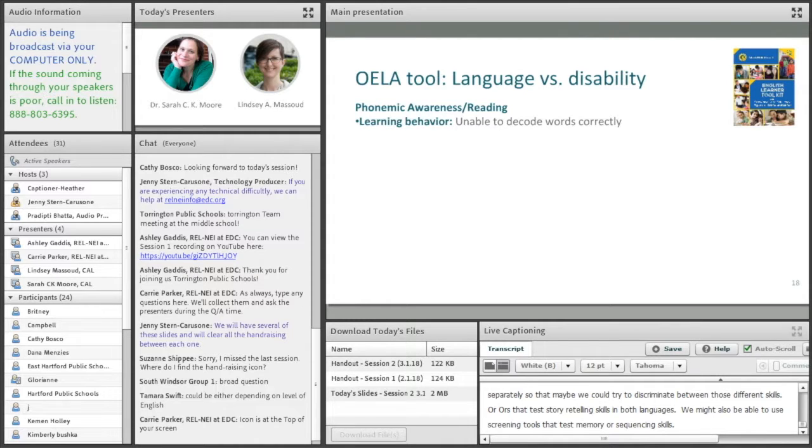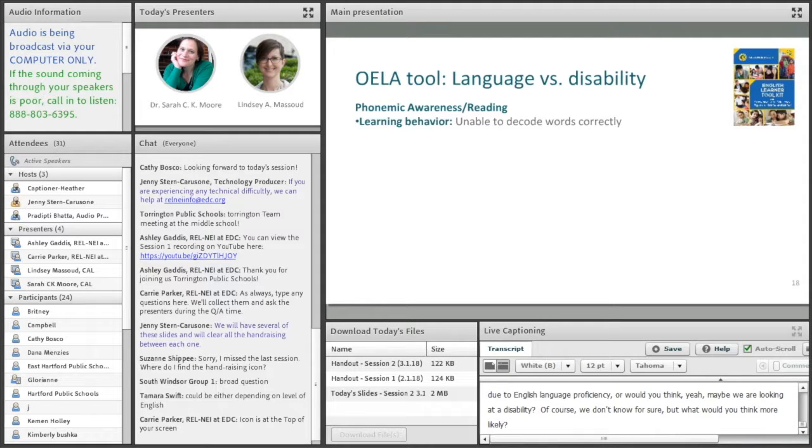Okay, so within phonemic awareness and reading, if a student is unable to decode words correctly, might you be more inclined to think for an English learner, yeah, probably due to English language proficiency, or would you think, yeah, maybe we're looking at a disability? Of course, as we found, we don't know for sure, but what would you think more likely?